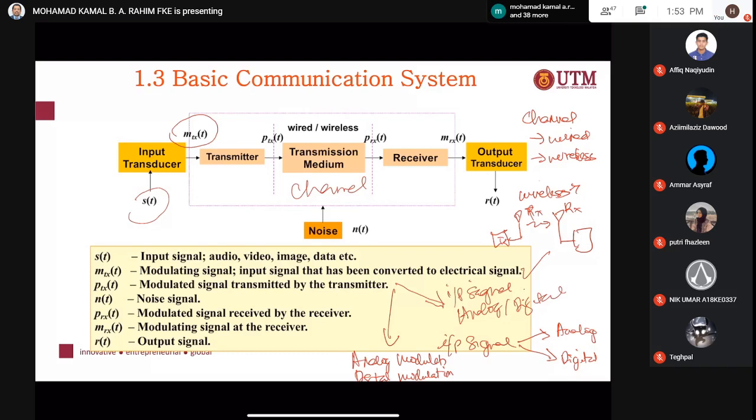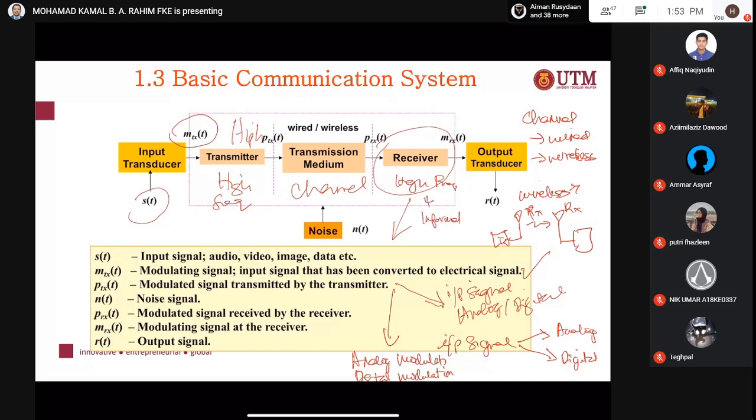And then of course you have the receiver. Your receiver is going to receive back your signal. In this case, the input is your voice signal, and you want to receive the voice signal. This is all high frequency. This high frequency consists of the carrier frequency plus your information.